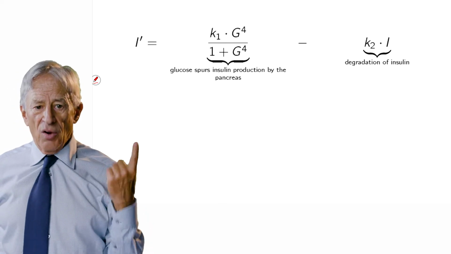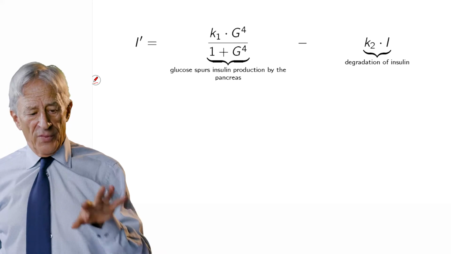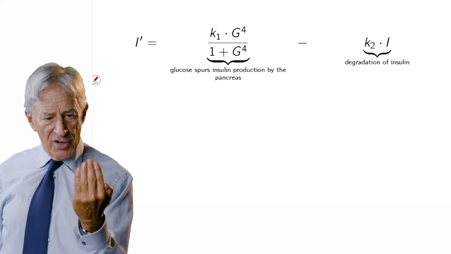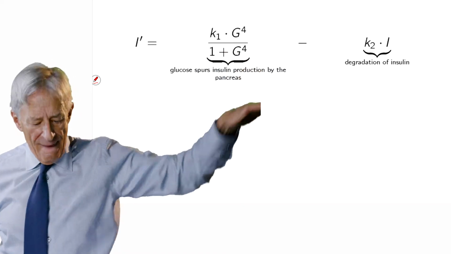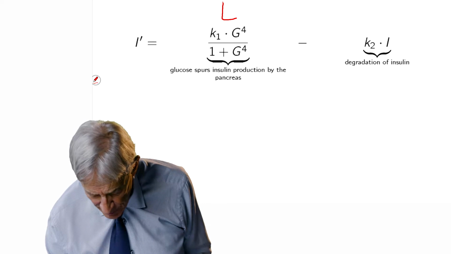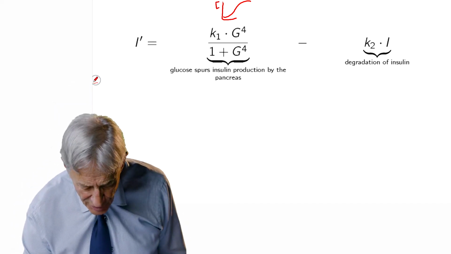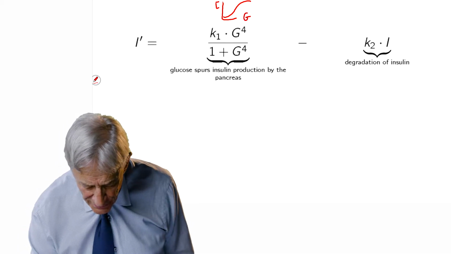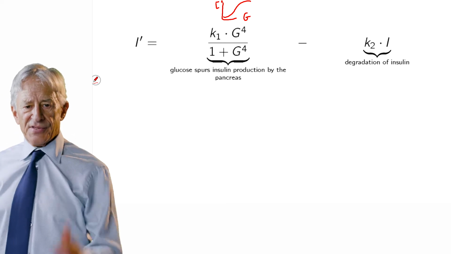What makes I go up, as we saw, is that when the pancreas sees glucose, it increases insulin production. And we're going to model that with a classic sigmoid. Again, in this case, it's insulin production as a function of glucose. And it's going to look like a classic sigmoid.